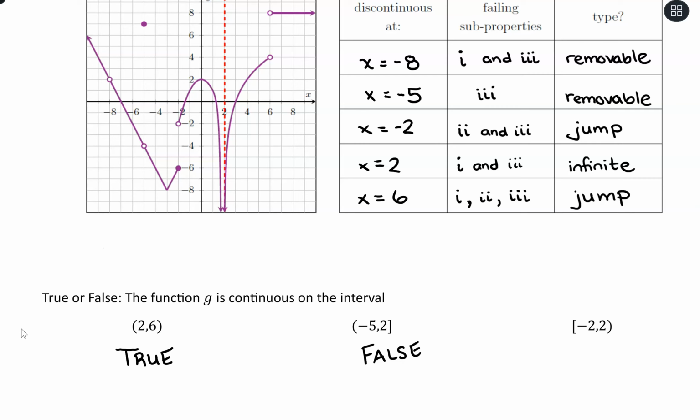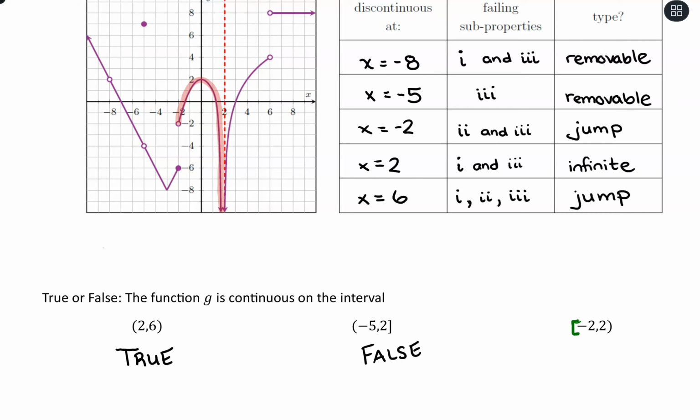And then from -2 to +2, we're not including the +2 portion. But something I want to pay attention to is that this is including -2.